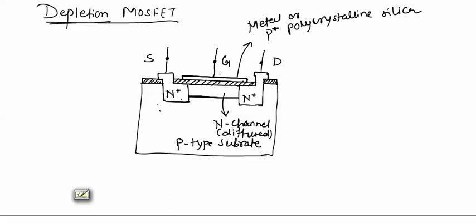As this is P type material, this is N type material, this is N type material, P type, N type, P type, so there will be a depletion layer here. This is the structure for depletion type MOSFET. Now we will see the operation when proper biasing is provided to depletion type MOSFET.